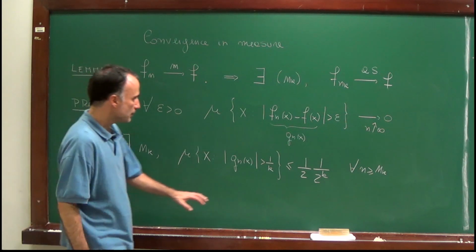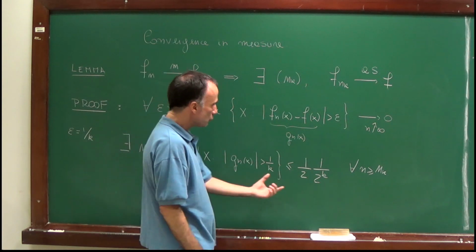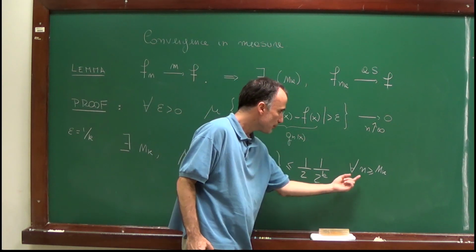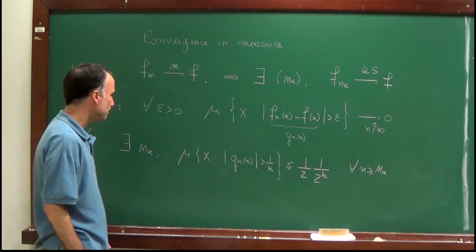Right, I know that this sequence is converging to 0, so it will be smaller than this value for n sufficiently large, for n larger than nk.